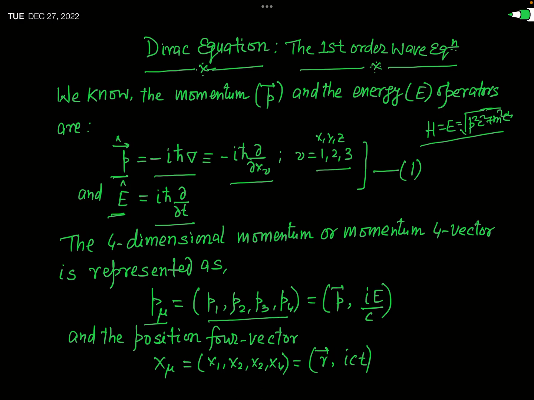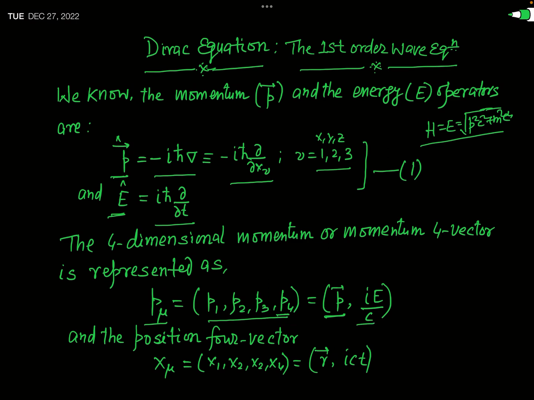The first 3 components p1, p2, p3 are simply the 3 components of momentum in 3-dimensional Euclidean space, so instead of p1, p2, p3 you write the vector p. And the 4th component of momentum, p4, is recognized as iE over c.